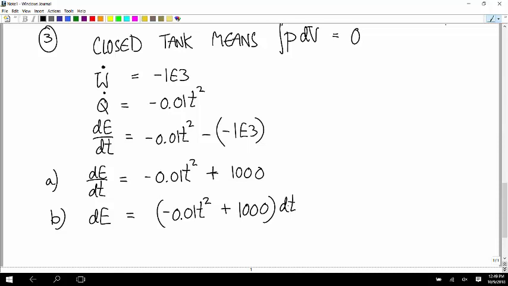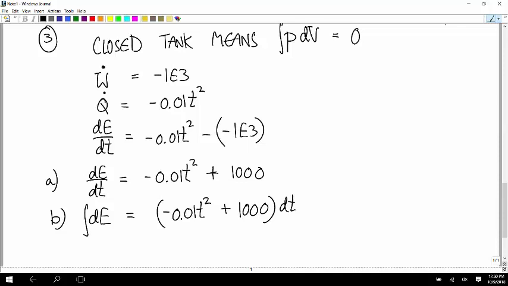You can do that because you can arrange this equation so that anything with an E in it is on one side, and over here, anything that is a function of T is connected to the dt.